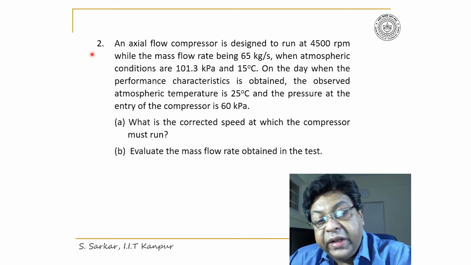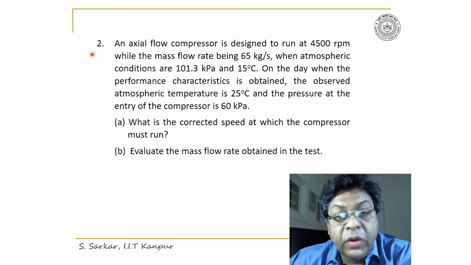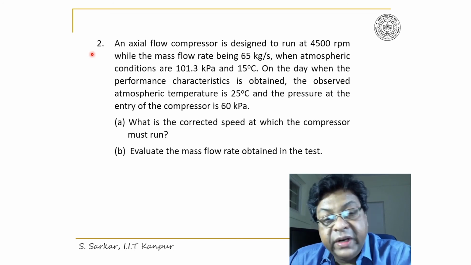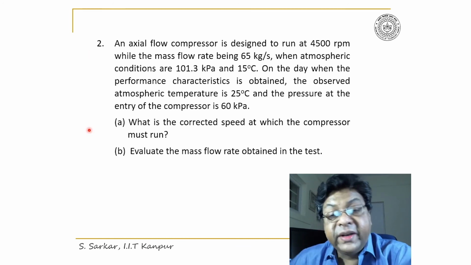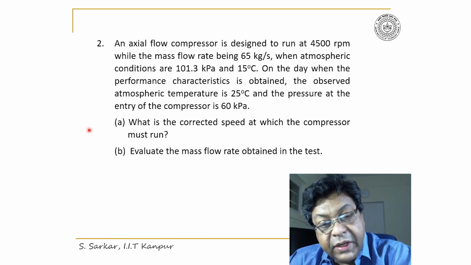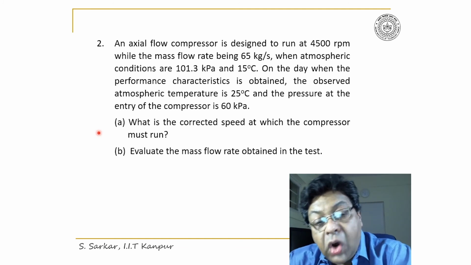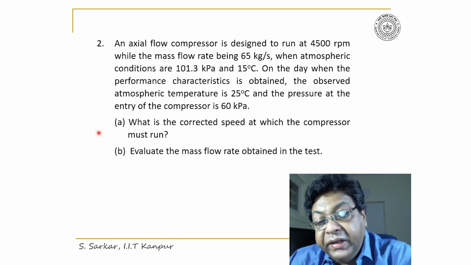The pressure at the entry to the compressor is 60 kilopascal. So please note that when the characteristics is obtained, both the temperature and the entry to the compressor pressure have changed. What is the corrected speed at which the compressor must run? That we have to evaluate. And second, also evaluate the mass flow rate obtained in the test.